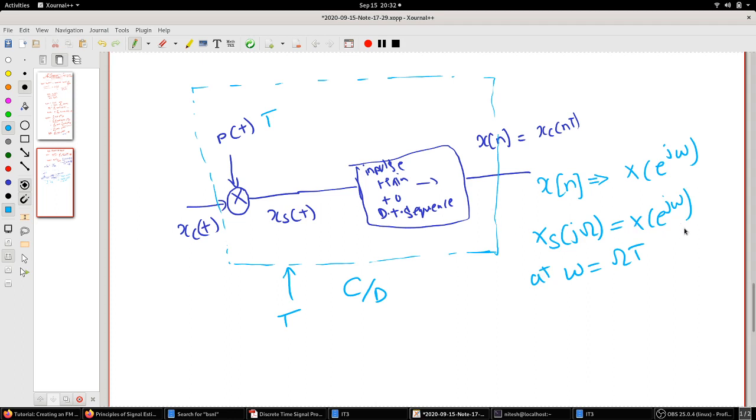This is the discrete time Fourier transform, this is the continuous time Fourier transform, and they eventually turn out to be the same at omega equal to omega T.